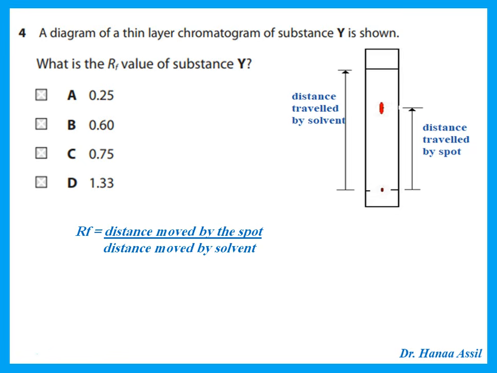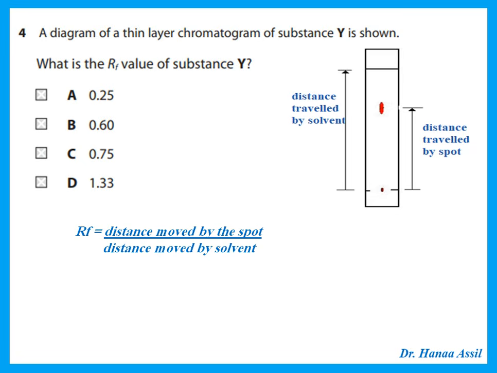And remember that when we look at it, we don't even need to sit down and measure. You can see that it is almost 3/4 of the distance from the baseline to the solvent front. So looking at this, definitely our answer is not 1.33.